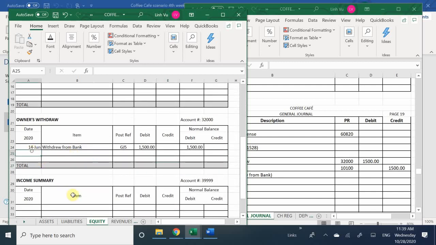So here on the 28th, same thing. I withdrew from the bank. All right, general journal 19. And I withdrew 1,500, bringing my grand total of withdrawals to $3,000.